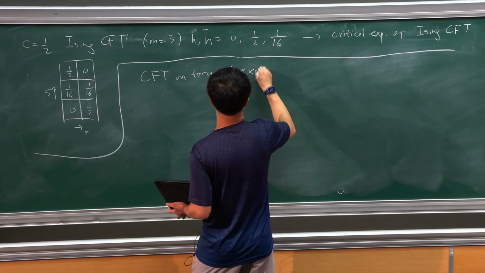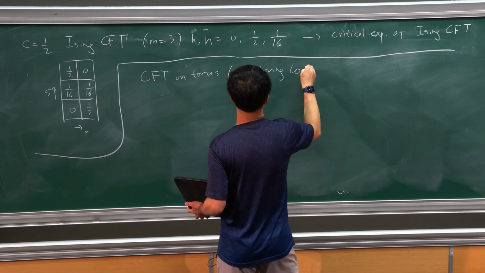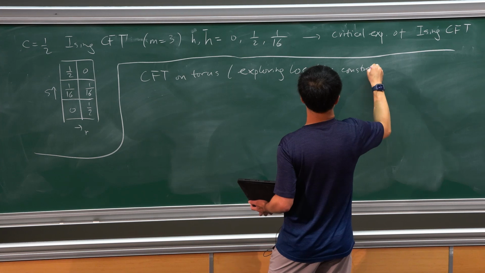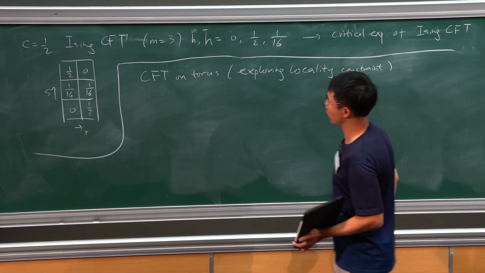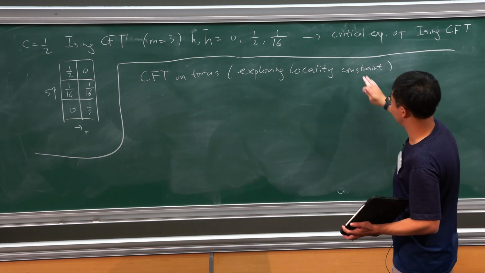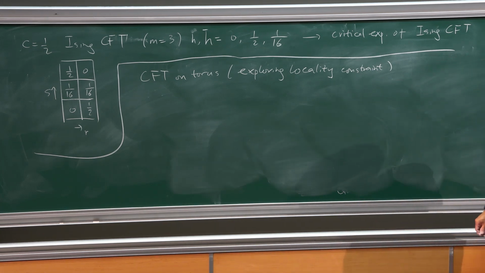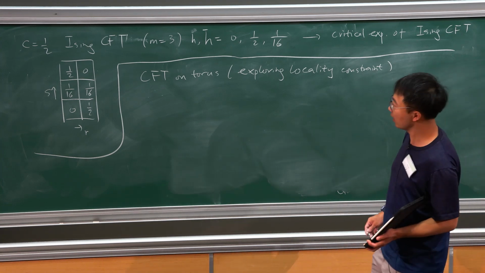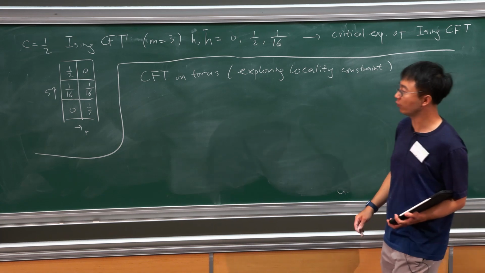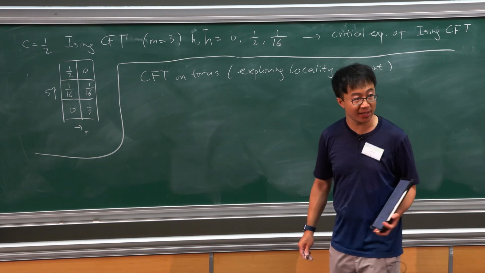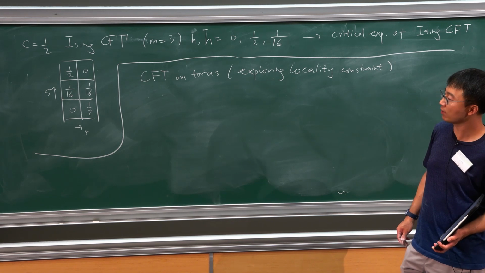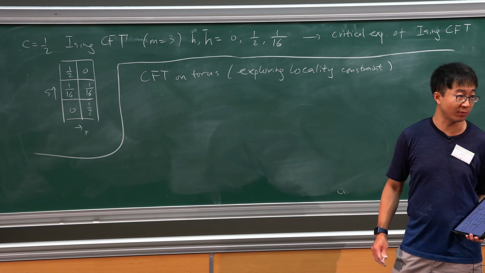So, exploring the locality constraint in a particular observable, and I should have emphasized before, locality for me means that I can define my quantum field theory on a general spacetime manifold, and I'm free to choose, so I'm working in Euclidean signature, and I'm free to choose my spatial slice to quantize the theory, and the choice of this quantization would not change the observable.